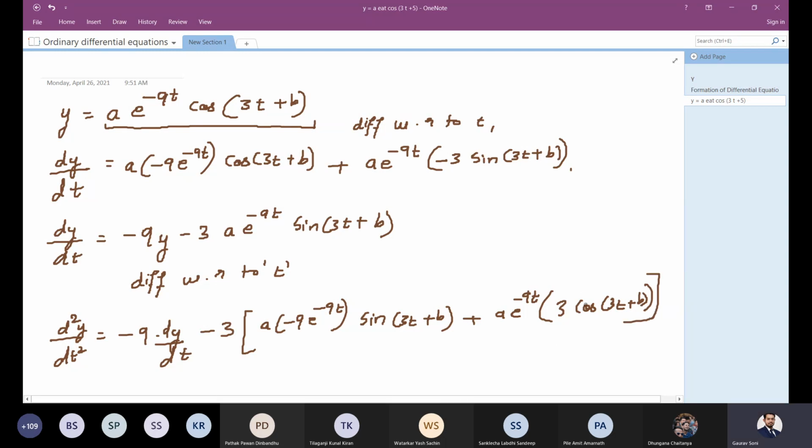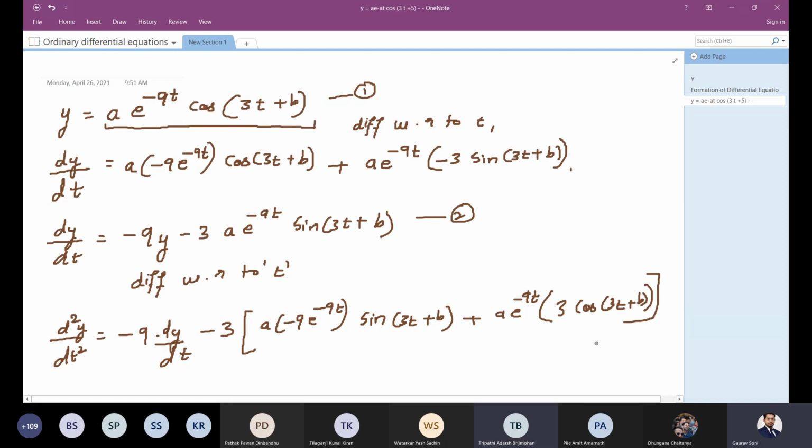How can we eliminate now? From the second equation, we can substitute the value of this term. Let me name this equation number 1, equation number 2.